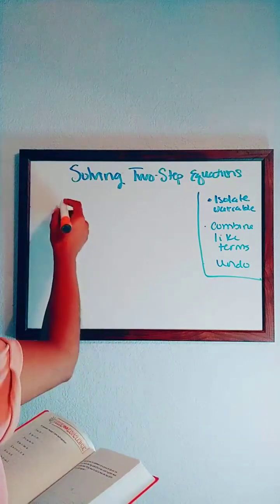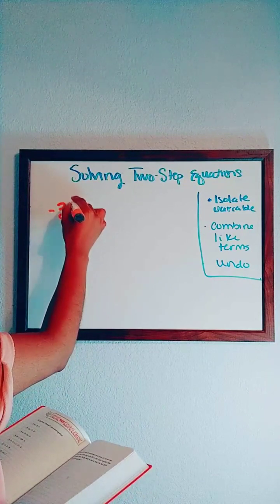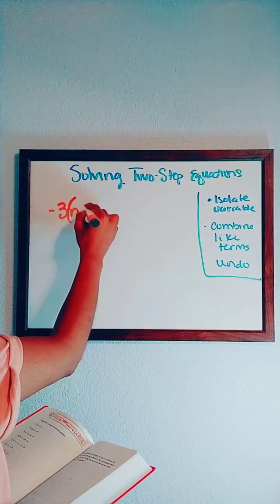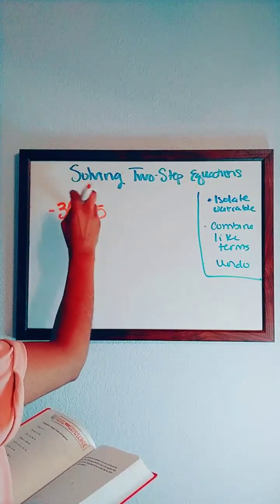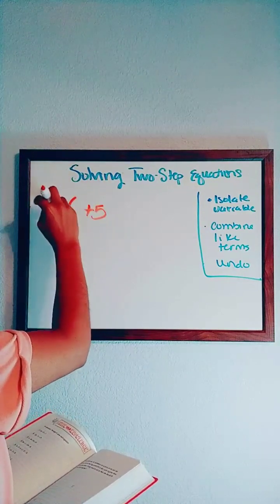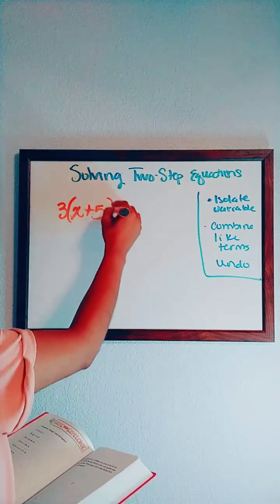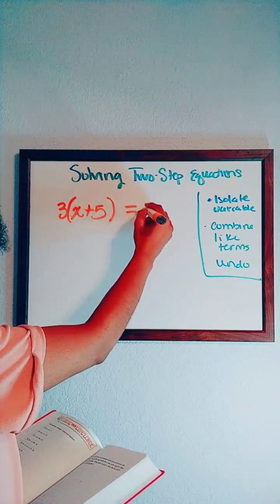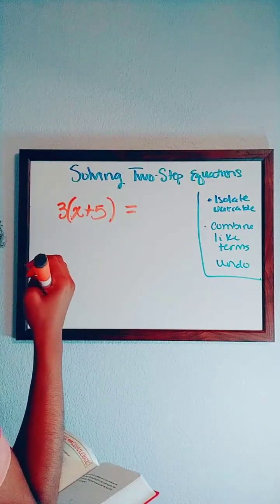That's all. So let's say I have 3 times n plus, not n, I'm using a different book. And I don't even want to do a negative. Equals 15.